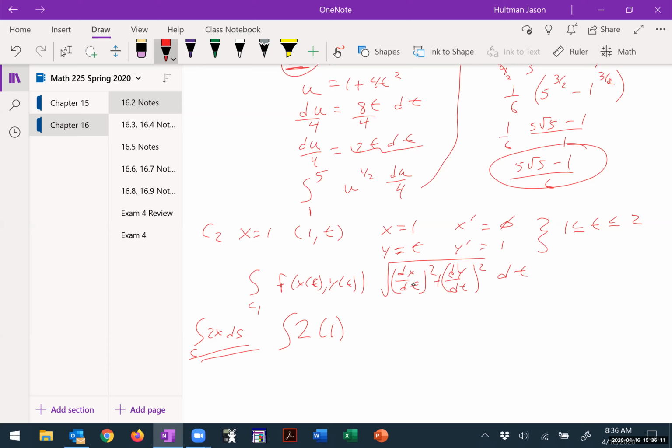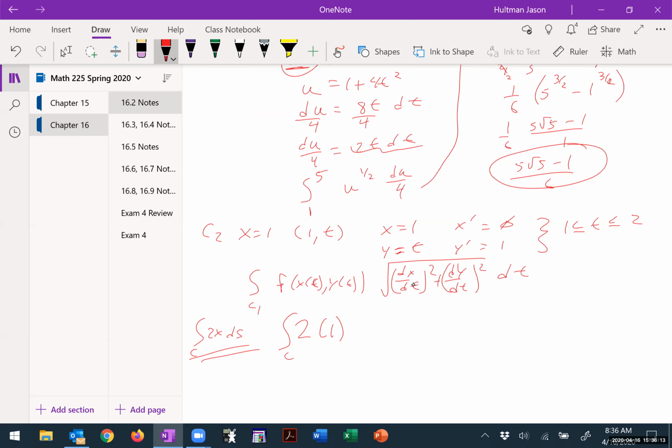And then what's t going from? It's going from 1 to 2. And then the square root of what? It's the square root of x prime squared. What's x prime? It's 0. And what's y prime squared?